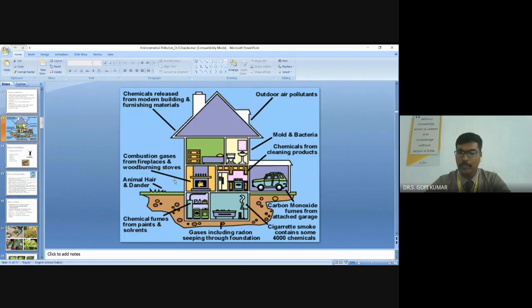A typical example of household indoor air pollutant emissions is highlighted in this image.